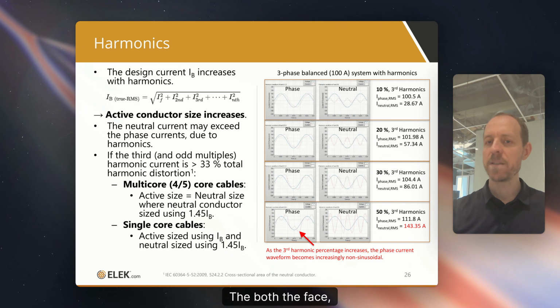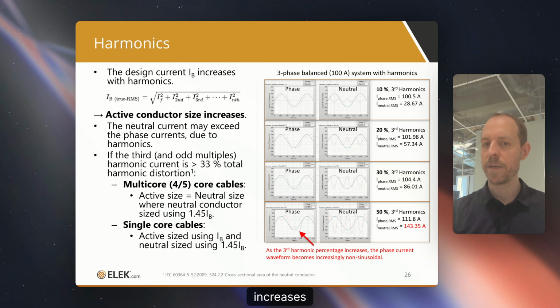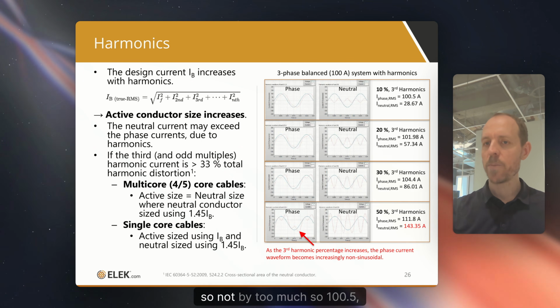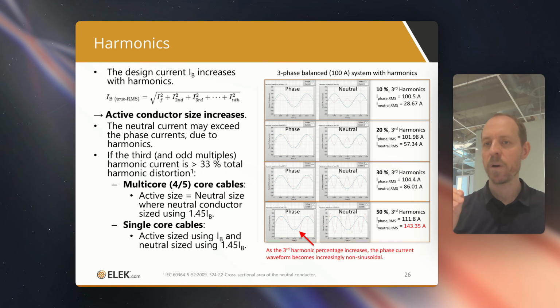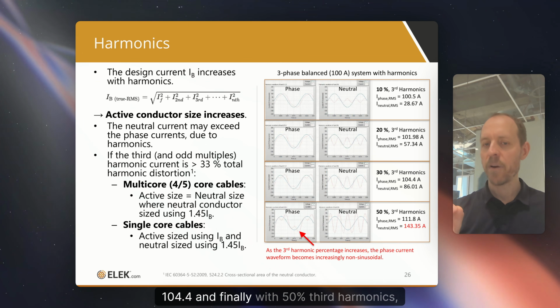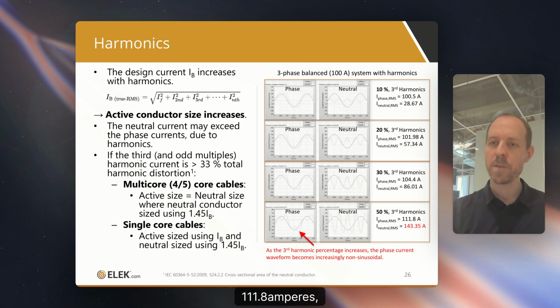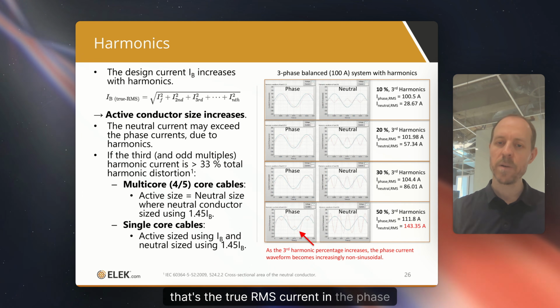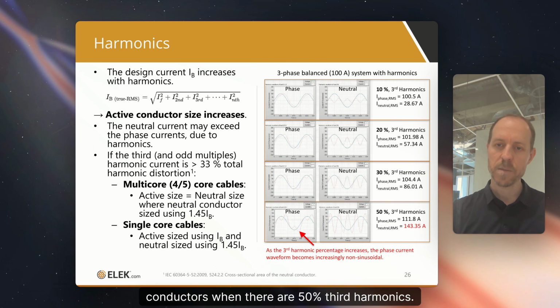Both the true RMS current in the phase conductors increases, though not by too much: 100.5, 101.98, 104.4, and finally with 50% third harmonics, 111.8 amperes. That's the true RMS current in the phase conductors when there are 50% third harmonics.